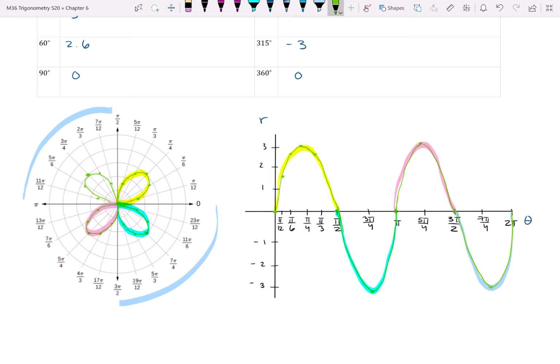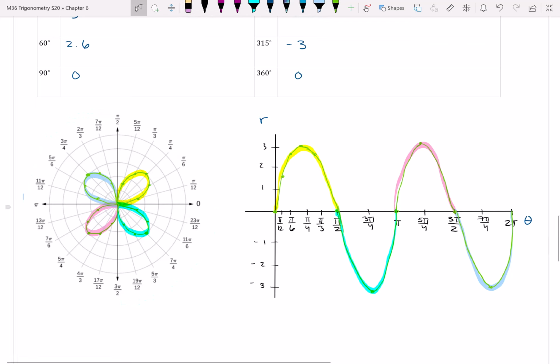Oh, that looks terrible. I'm so sorry. There we go. Let's do this again. Okay, that's a little bit better. And so that's another petal there. All right. So hopefully this gives you an idea of how to graph these polar equations.